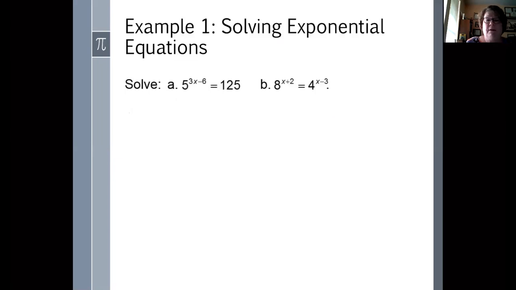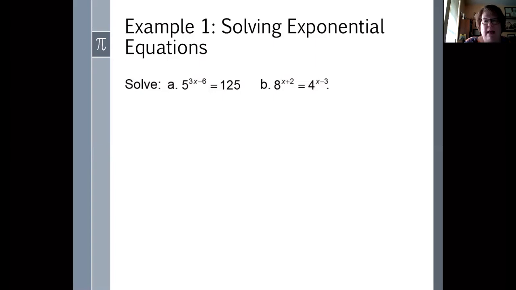All right, the first example we have here is 5 to the 3x minus 6 is equal to 125. The base on the left-hand side of this equation is 5. The base on the right-hand side of this equation is 125.